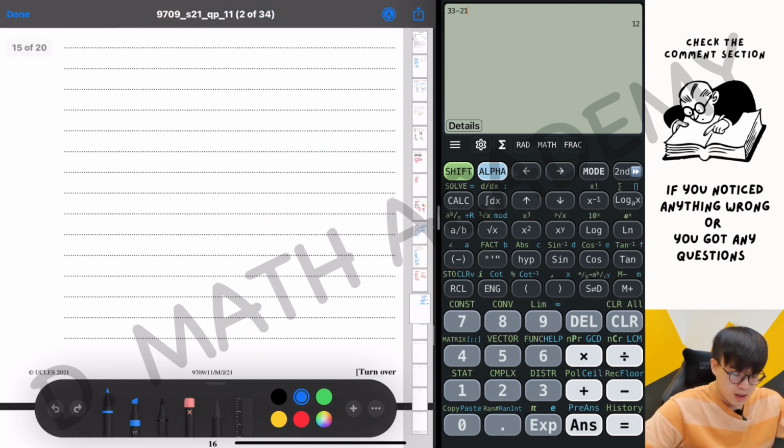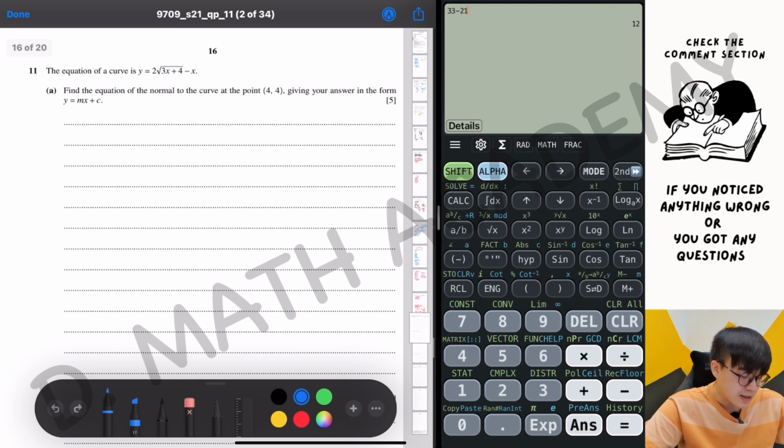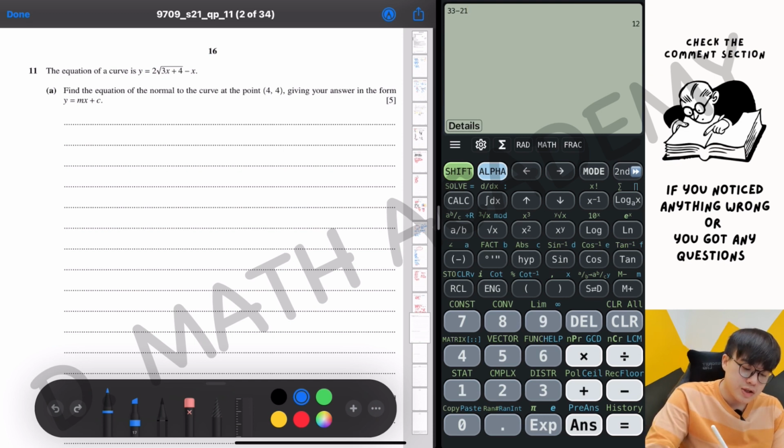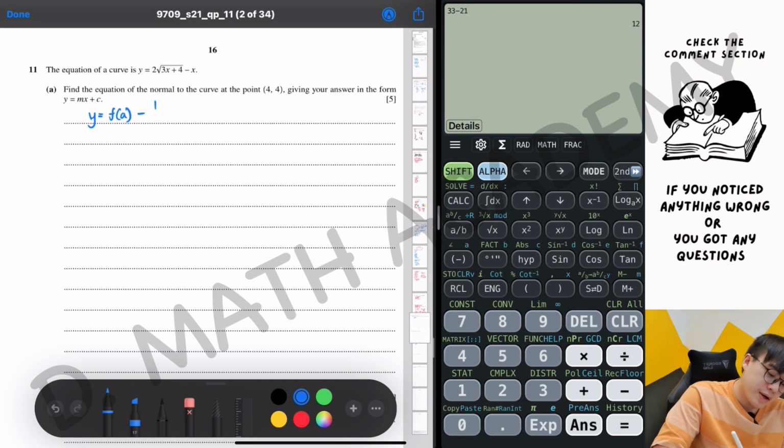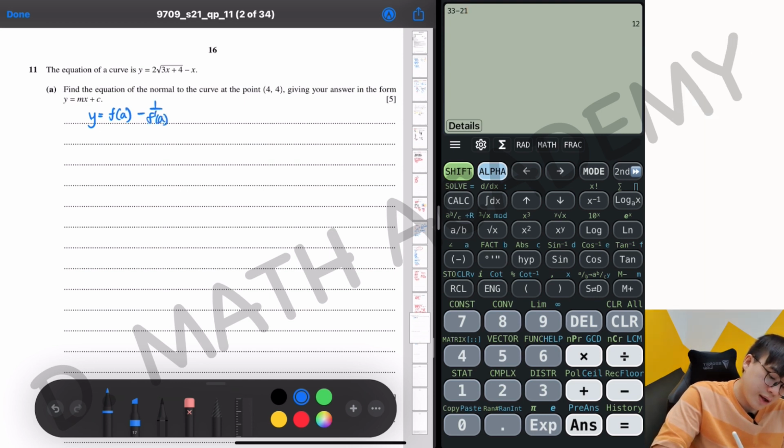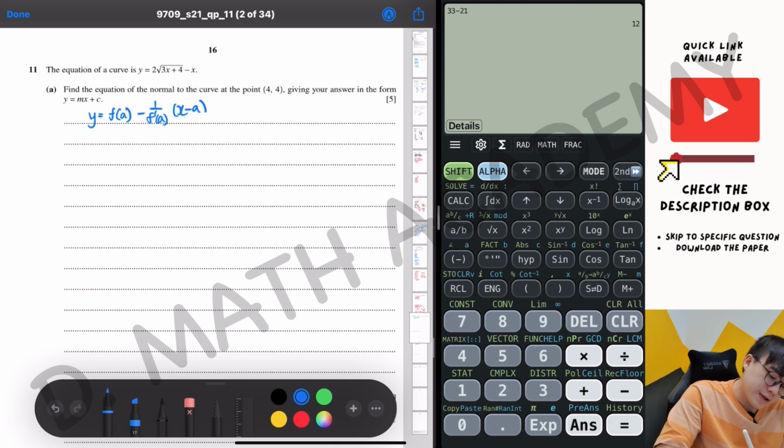Okay, so moving on, we have our last question here, which is question 11. They ask us to identify the normal to the curve. Okay, so the first thing that I will be doing is, for our normal equation, it goes by f a minus 1 over f prime a, and then x minus a.